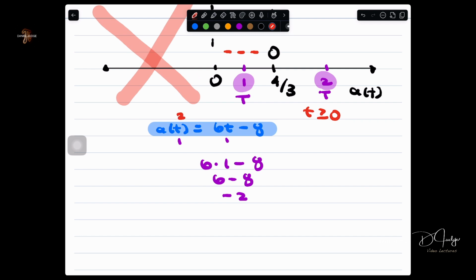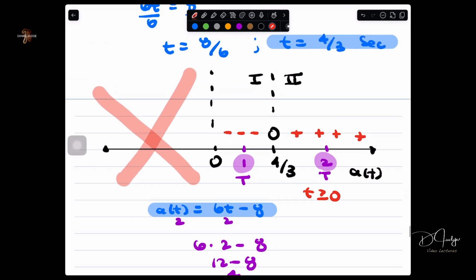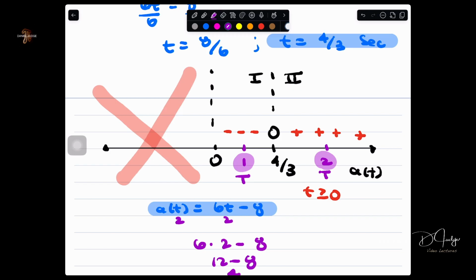Okay, let's test the value of 2 in sign analysis. So here again, here's where 2 is. 2, you get what? 6 times 2 minus 8, which is 12 minus 8. The answer is 4 now. So, ladies and gentlemen, that's a positive 4.